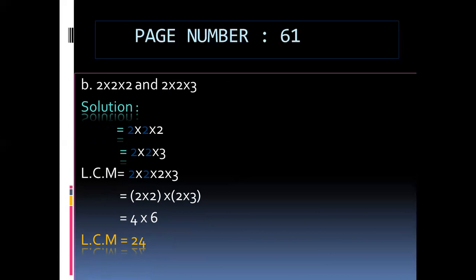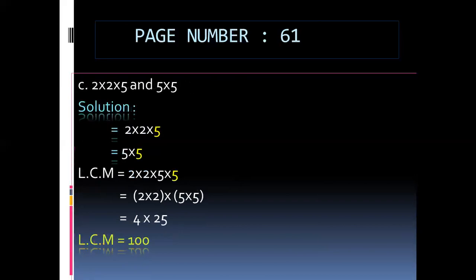One 2 is uncommon in the first prime factor, and 3 is uncommon in the other set of the factors. LCM becomes 2 multiplied by 2 multiplied by 2 multiplied by 3, 24. The LCM of these sets of prime factors is 24.